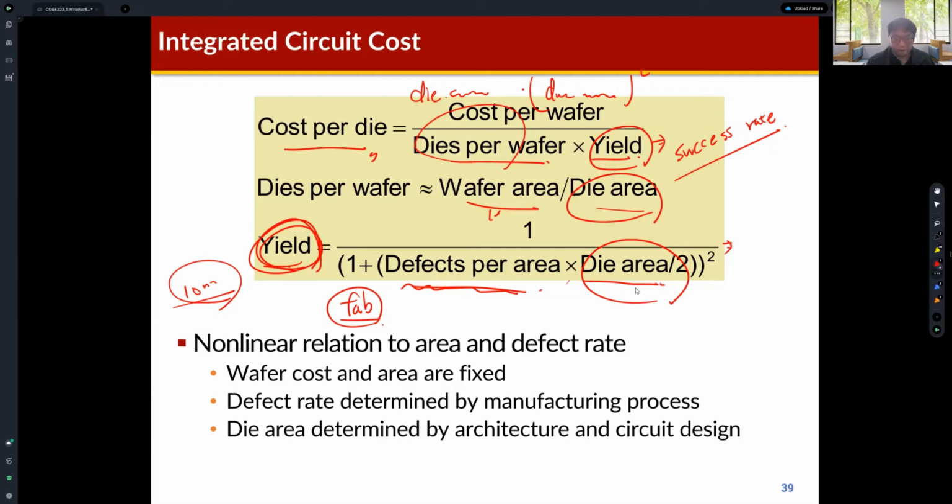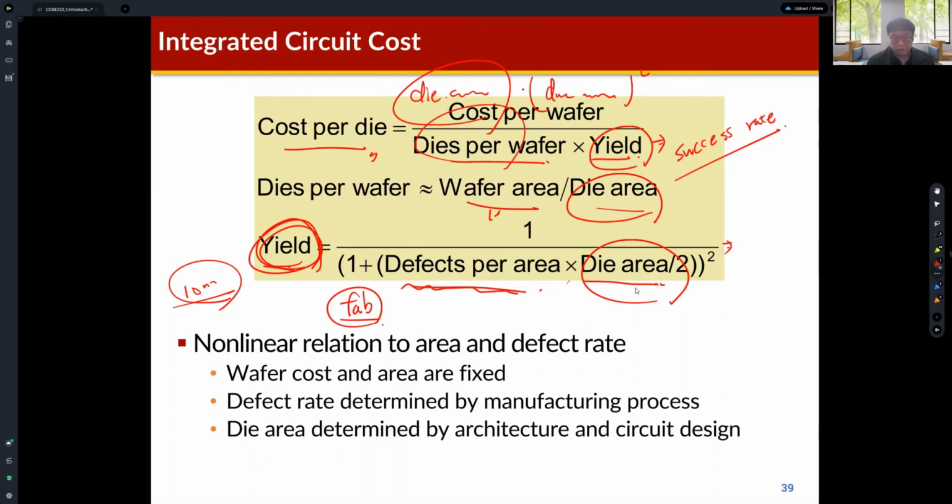Okay, so that means if we build a very small chip, then we can reduce the manufacturing cost of the chip. And if the chip size is very large, then the manufacturing cost will increase significantly because the cost per die is proportional to the cube of die area.